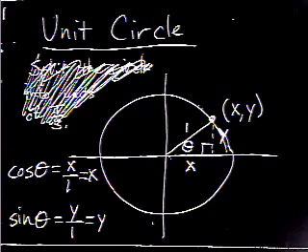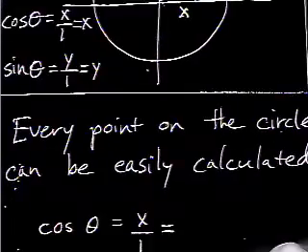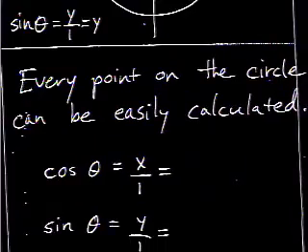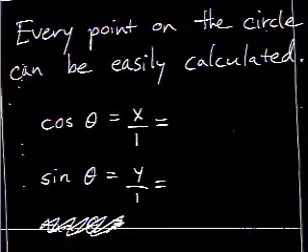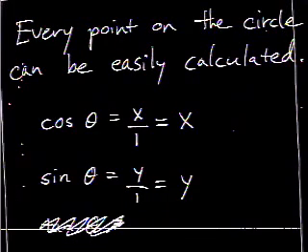So now you know the relationship between x and y and theta. X is the cosine of theta and y is the sine of theta. So every point on the unit circle can be easily calculated as long as you know the cosine goes with x and the sine goes with y.